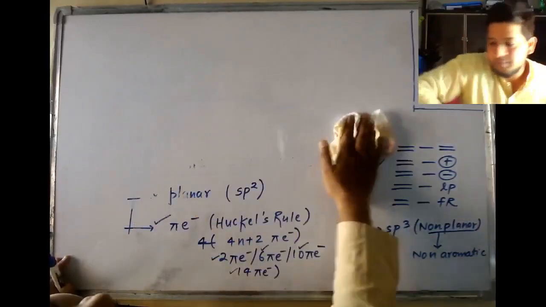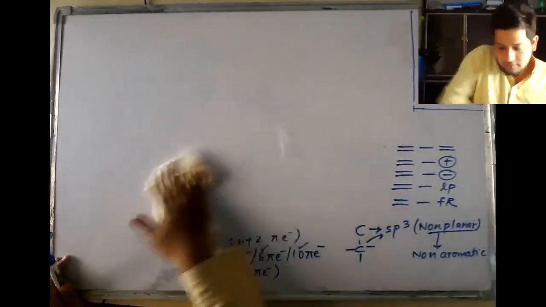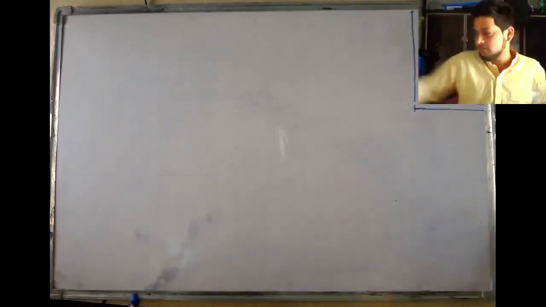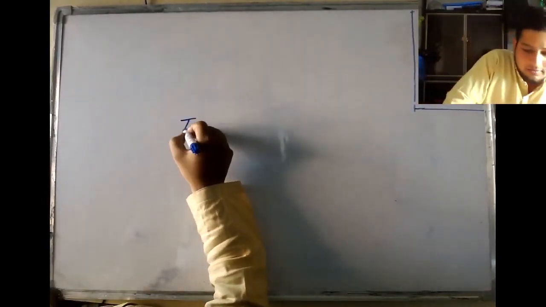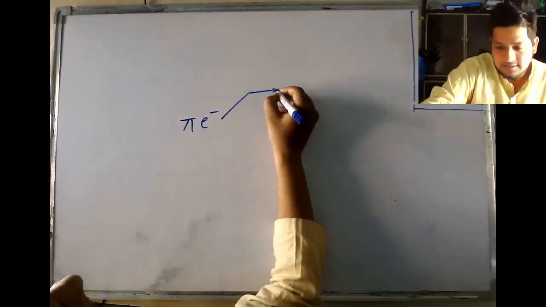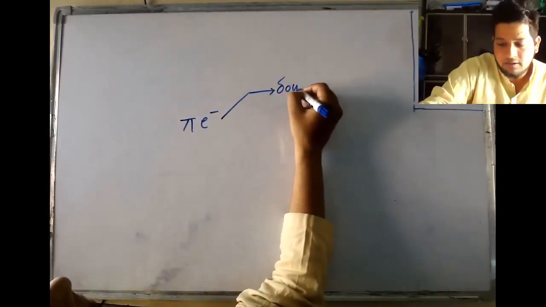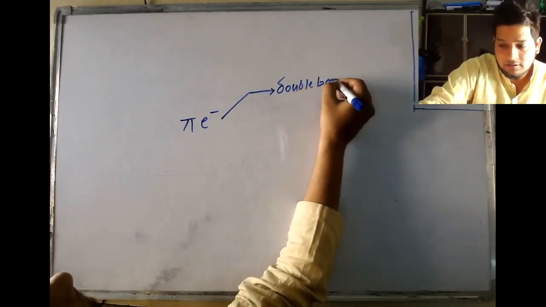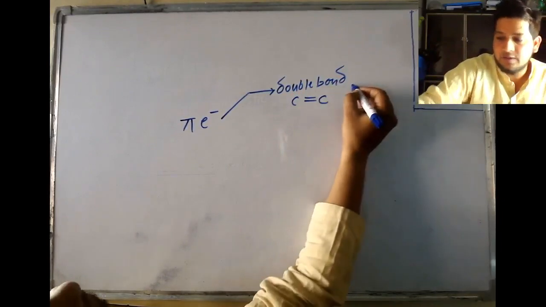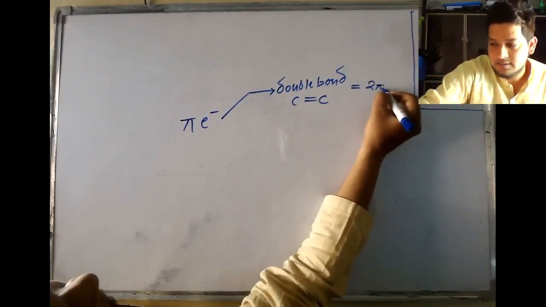Let's clean it up a bit. Now, pi electrons. It's very, very simple. If you have a double bond in the system, a carbon-carbon double bond, that is equivalent to 2 pi electrons.